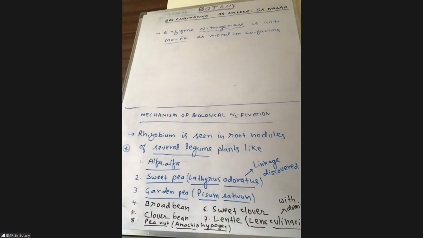So iron also, of course, as it is iron, we were talking about all those which help in electron transport are associated with iron, and iron is reversibly oxidized. How it is, we have seen already. So enzyme nitrogenase is with iron molybdenum as metal ion cofactor.